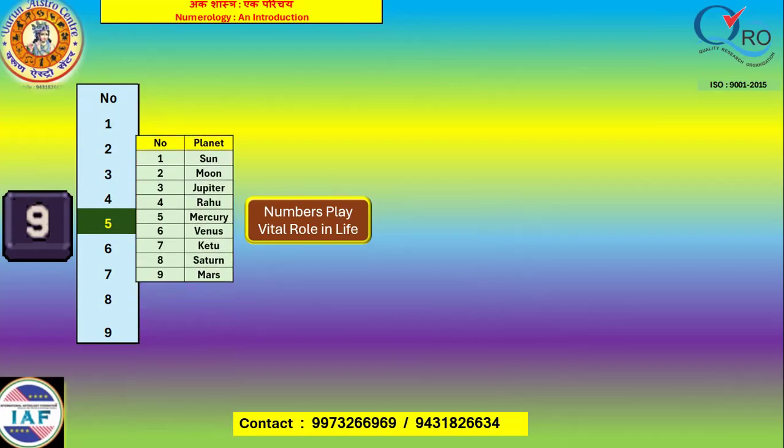All these numbers 1 to 9 are ruled by 9 planets. 1 is ruled by Sun, 2 by Moon, 3 by Jupiter, 4 by Rahu, 5 by Mercury, 6 by Venus, 7 by Ketu, 8 by Saturn, 9 by Mars. If any number is missing in our birth chart, I mean numeral chart, this indicates that the energy, the element of that planet, is missing in our body.